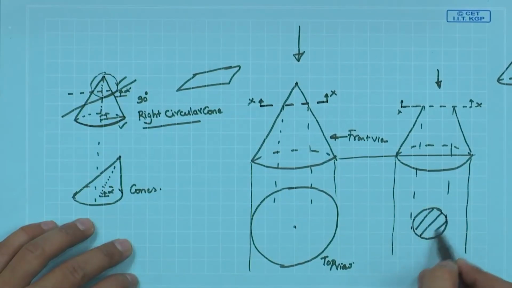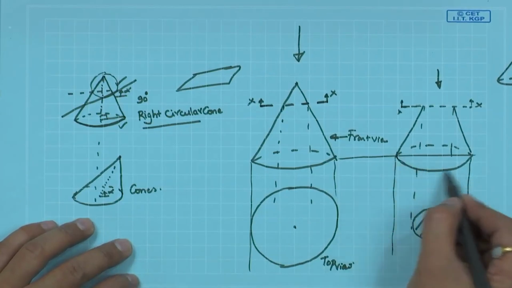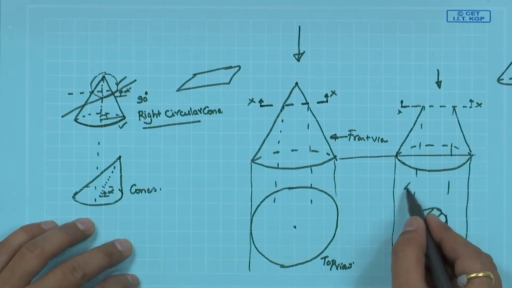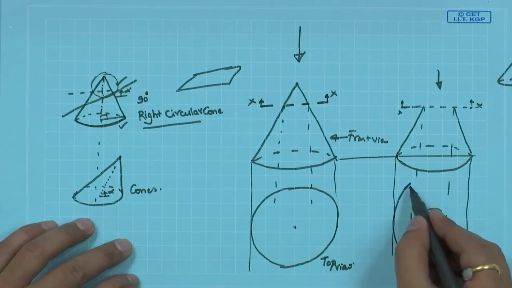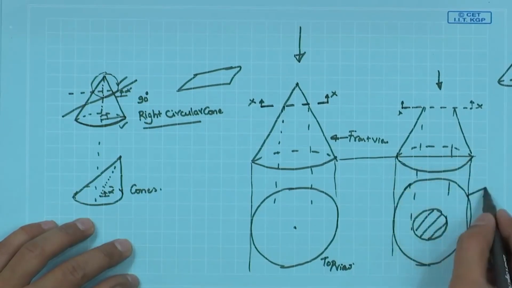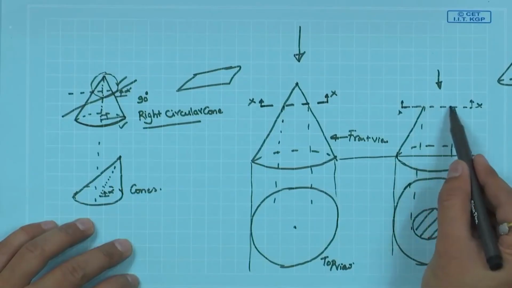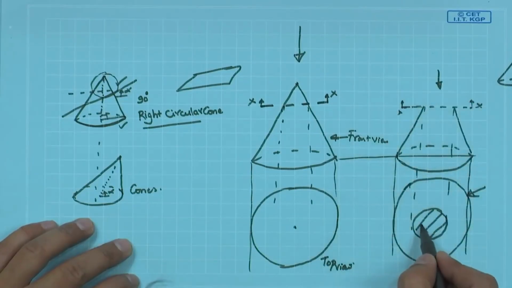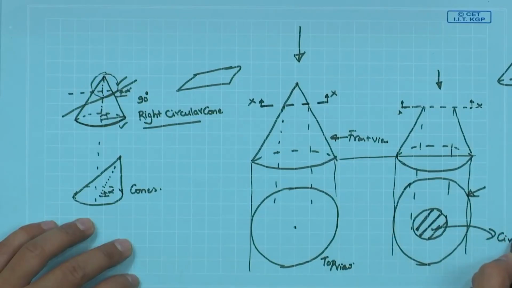So, cut section, usually we show it by hatch lines, and this is the non-cut section, but material is present. So, again a larger circle we will see. So, this entire circular base, one circle we will see, and the cut section we removed the portion. So, through hatch lines we see it as a circle.